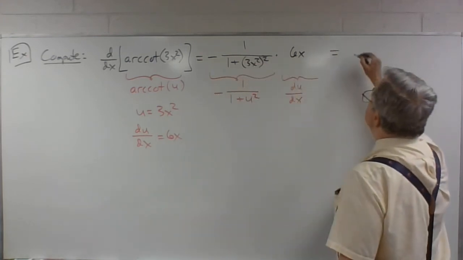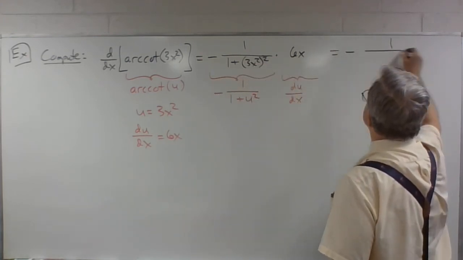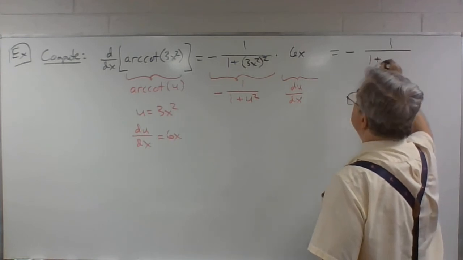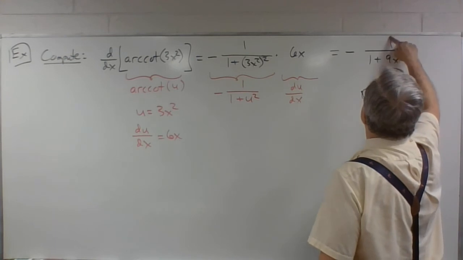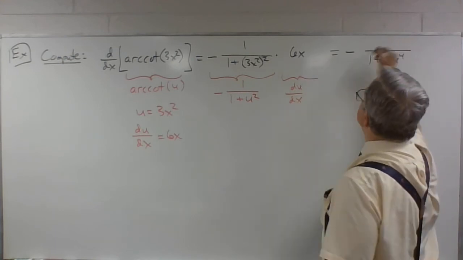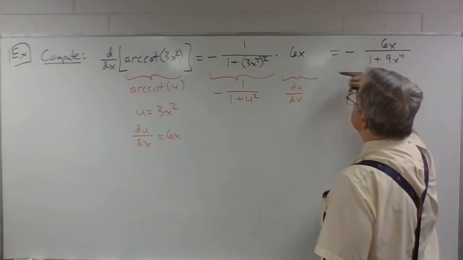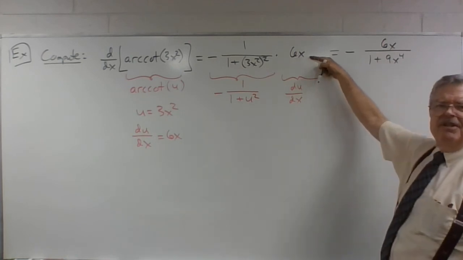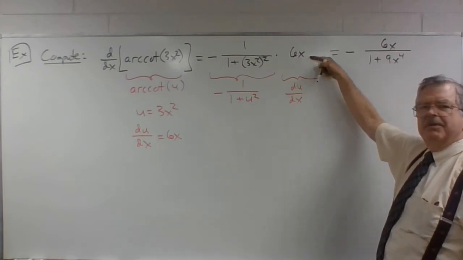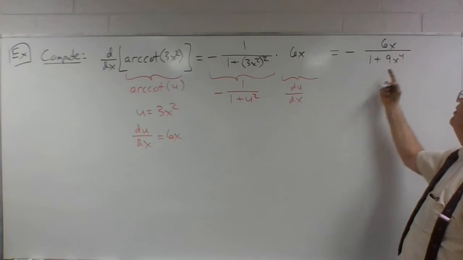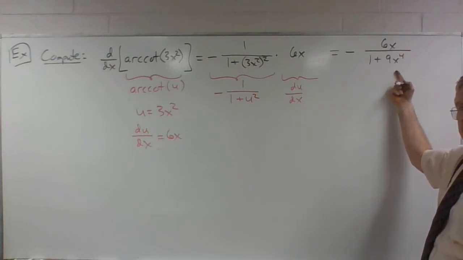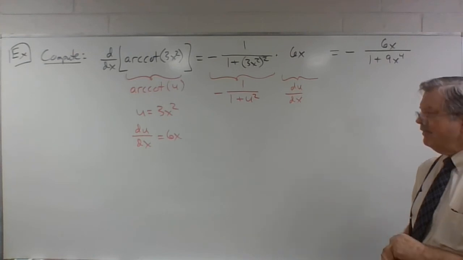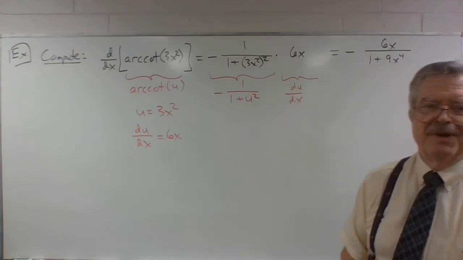And I'll simplify this a little bit. And this 6x will go on top. If you stopped here on a test, it probably wouldn't bother me. In the back of the book, they're probably going to put it in that form. Let's do a couple more.